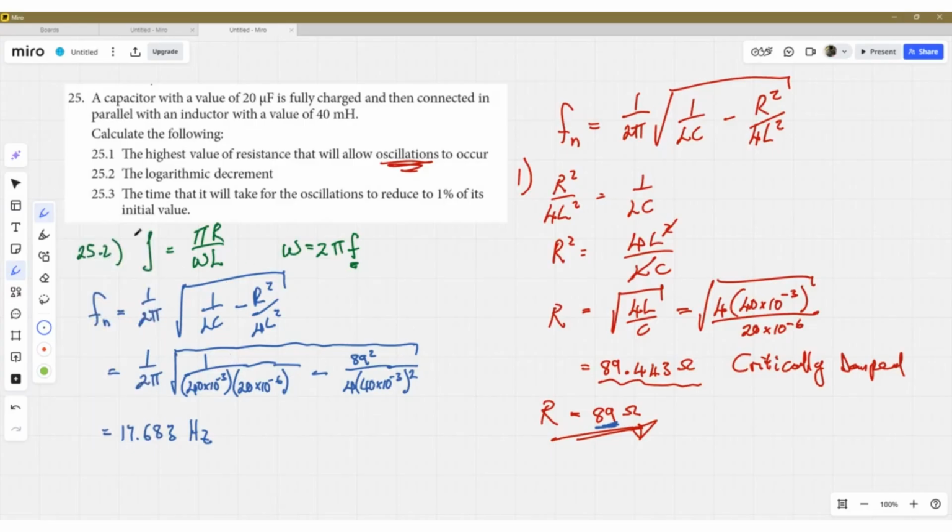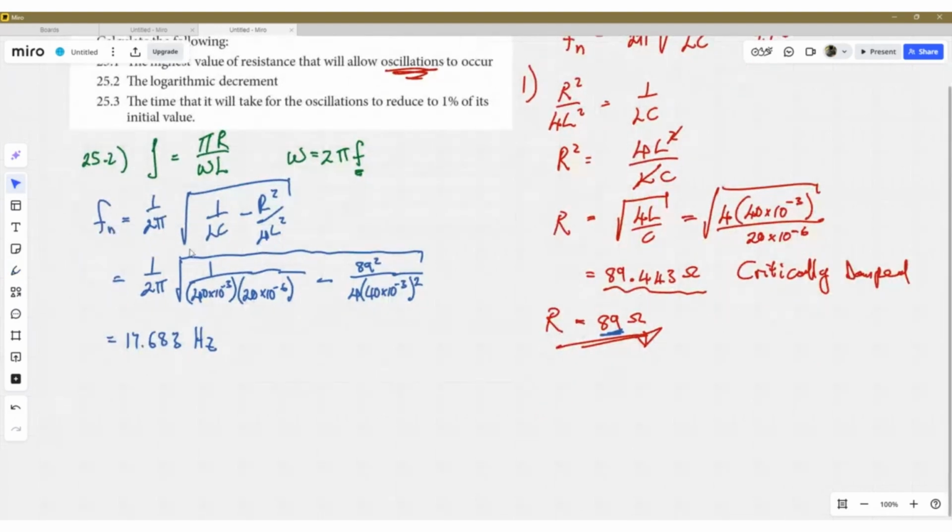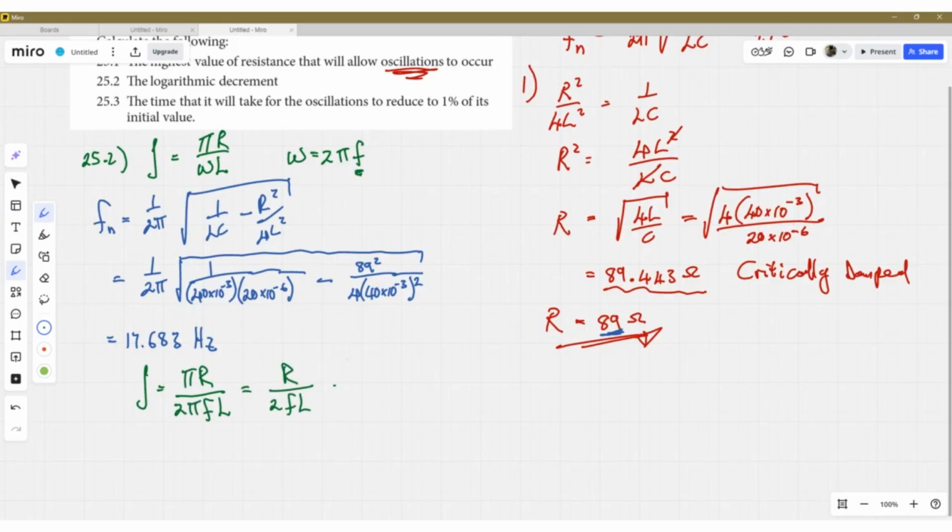We now have enough information to calculate the logarithmic decrement. I'm going to substitute everything in here: pi R over 2 pi f times L, which is R over 2fL.